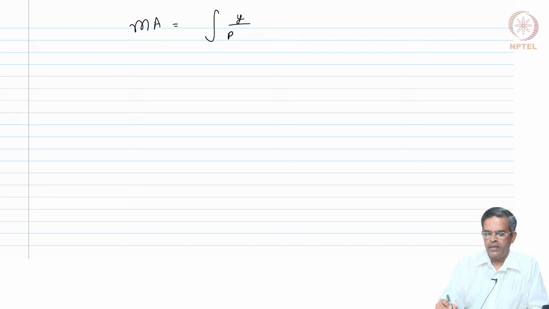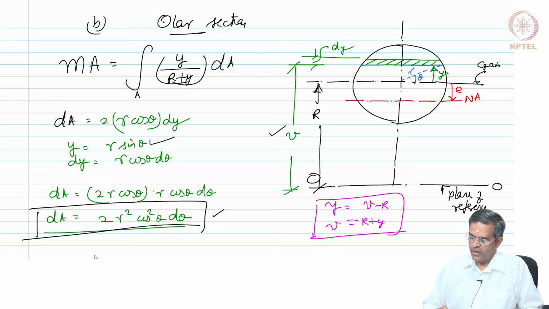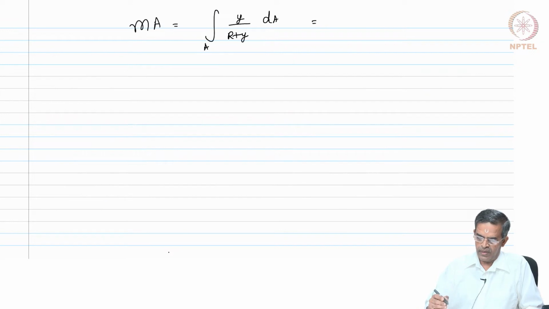So, we know that MA is integral y by r plus y dA. Now, I can rewrite this, look at this figure, y can simply be said as V minus r, is it not? So, I replace it.